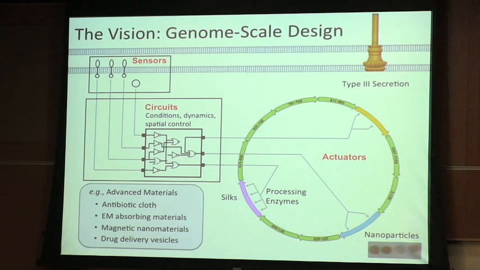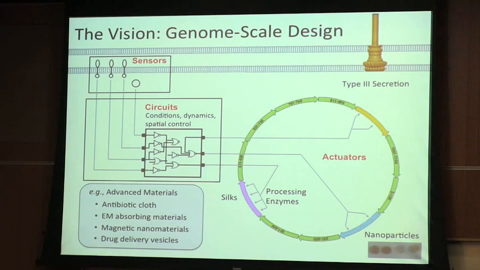And we very roughly divide this up into different categories, where on the far right, we have the actuators, or these are the things that the cell is actually doing. These are connected to circuitry that's telling the different systems when to turn on, which are then subsequently connected to sensors, which are looking at the individual environment and dictating when things should be activated.